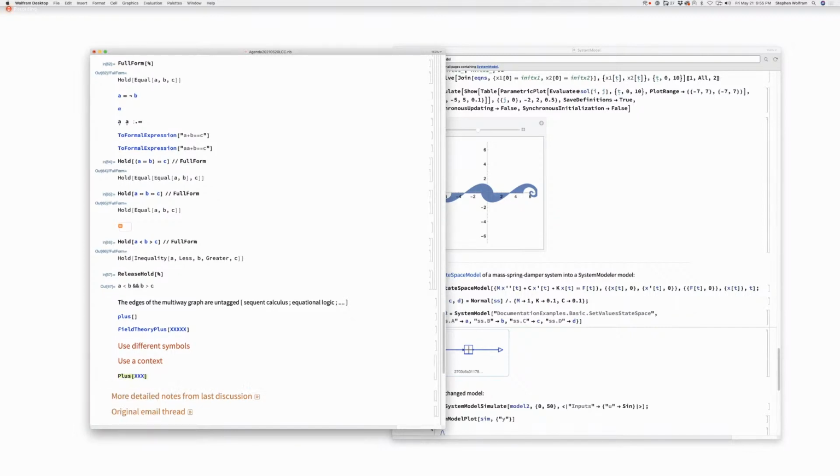Or use a context. Now, the problem with a context is that plus doesn't parse differently in a different context, usually. But you would have to write it out, PLUS. Yeah, then you've lost the game. Right. Well, I mean, it's worse than that.